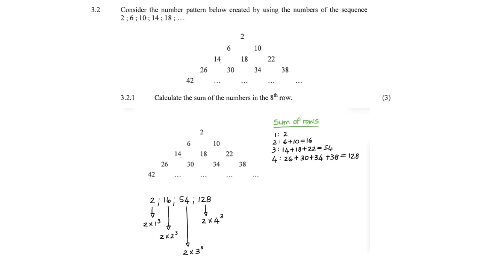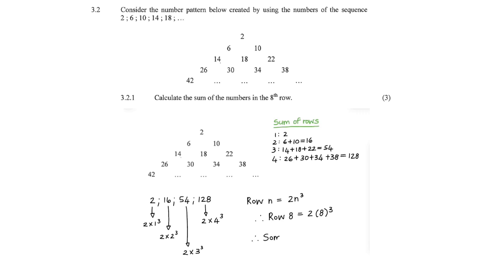So the sum of the nth row is given by 2n cubed. So the formula means that for any row n, you take n cubed and multiply it by 2. So what we'll do next is we'll apply this formula to the 8th row.